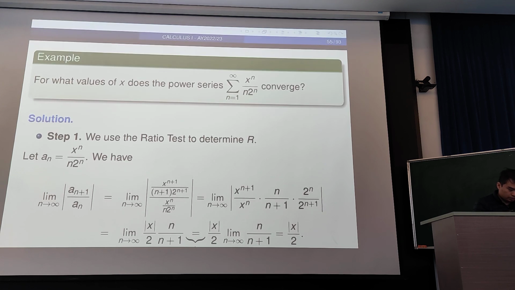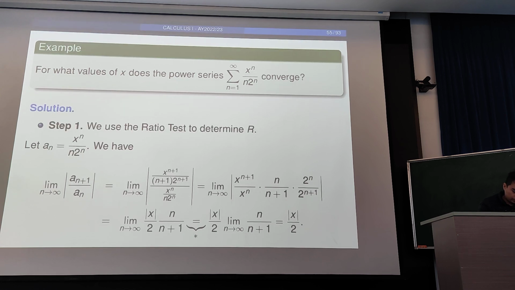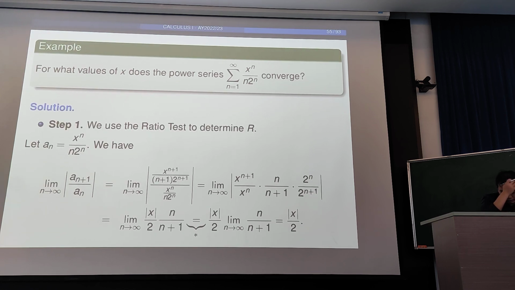Okay, so here's the first example. We consider this power series about zero, right? For this power series, a equal to 0. So let's come to the first step.